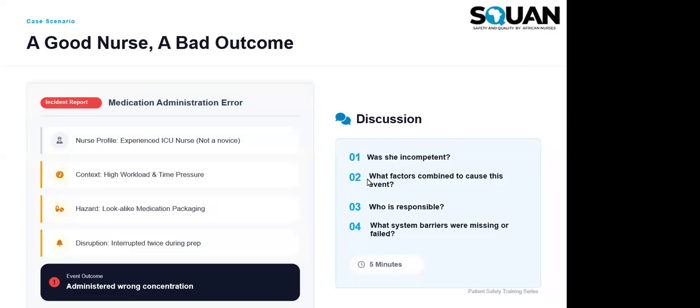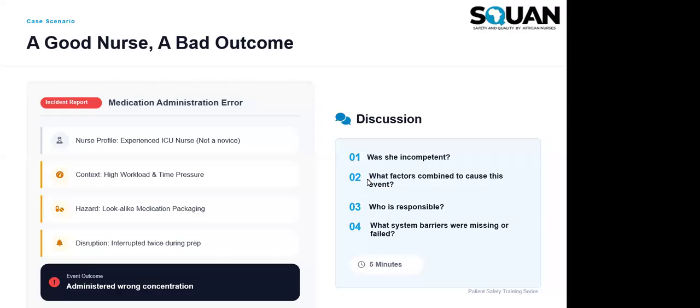So it's not just saying, as an individual, you're supposed to know, or based on your experience you should have known, you should be more focused. We can't do that. We have to error-proof our system. What I mean by that is create a system where it's easier to do the right thing and do it right consistently, rather than allowing people to do things that are wrong.